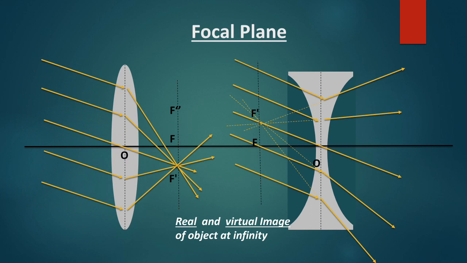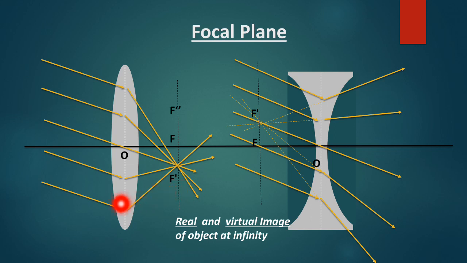An infinite object will send parallel rays. So you see the parallel rays are incident on a convex lens here. As the convex lens has a converging nature, the rays will bend toward the principal axis. So here this is the ray which is bent toward that side after refraction.